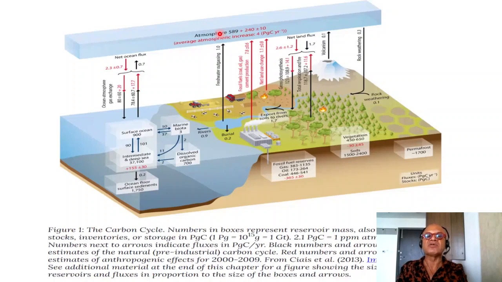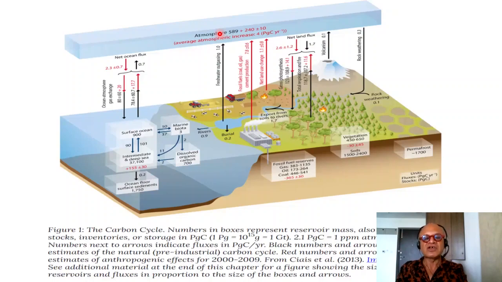It also can be converted into gigatons. Carbon, you always have to be careful. Petagrams, gigatons, carbon, CO2 equivalent, so we keep using different things. There is a conversion factor of 3.7 between carbon and CO2, for example, because of molecular weight and so on.